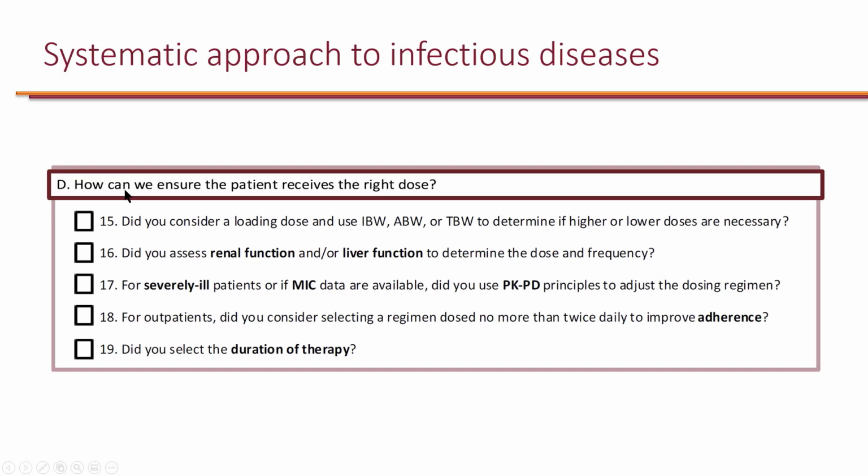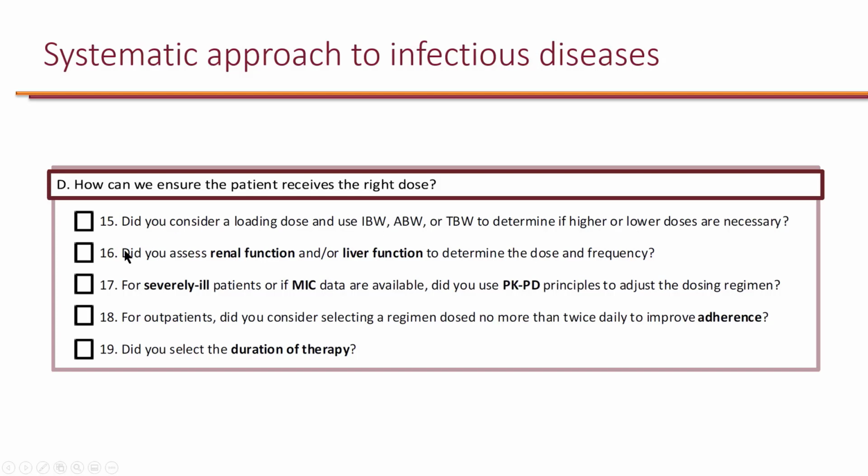And next we consider how can we ensure the patient receives the right dose. So once you select the effective and safe and affordable regimen, you want to make sure the dose is optimized. So typically you want to make sure if there's a need for a loading dose, and if it's dose per body weight, you want to make sure you use the right body weight depending on the antibiotic.